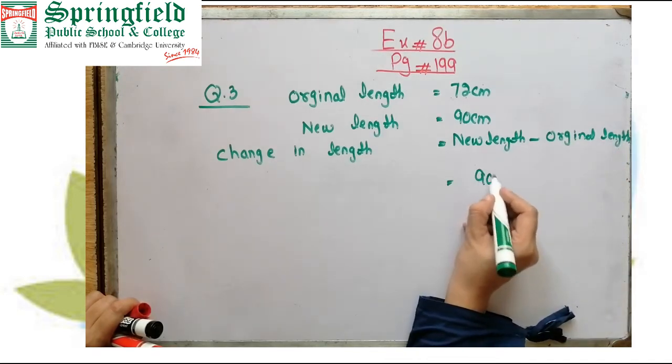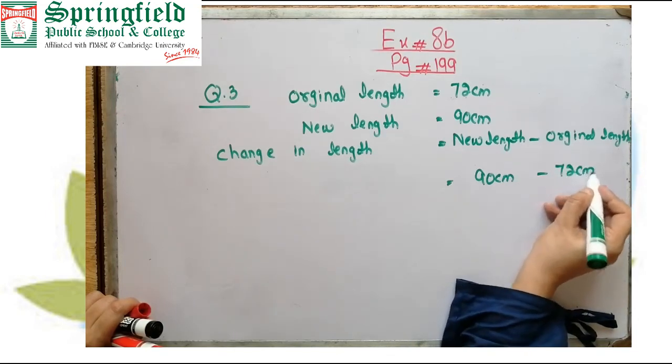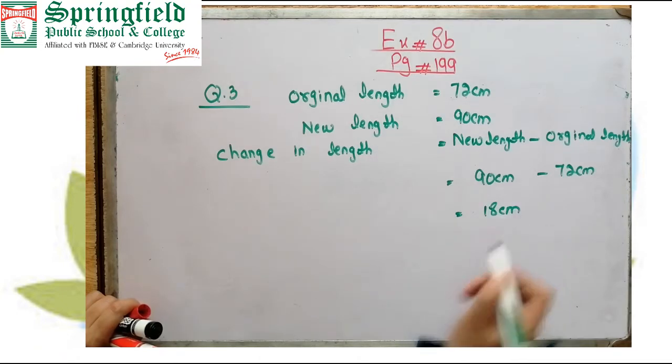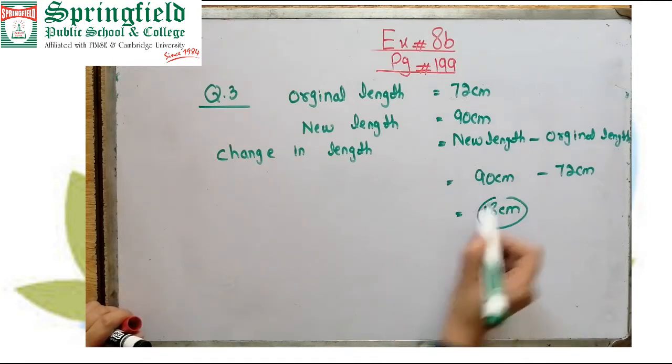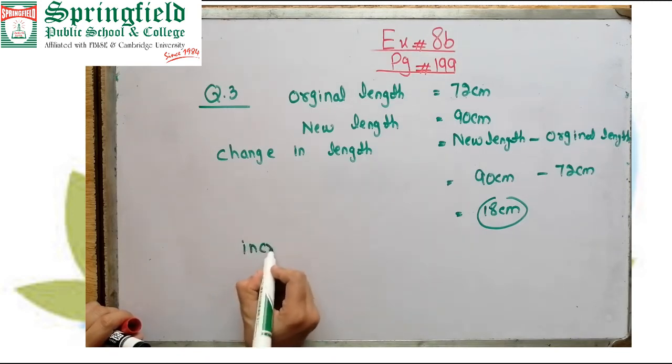So 90 centimeter minus 72 centimeter. What will be the increased length? 18. This is the increased length. Now find out the percentage of 18 centimeter. So increase in percentage.